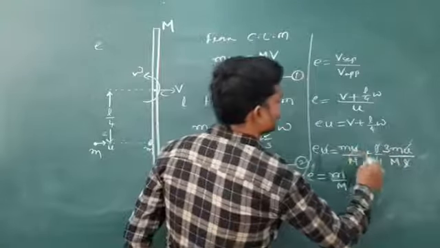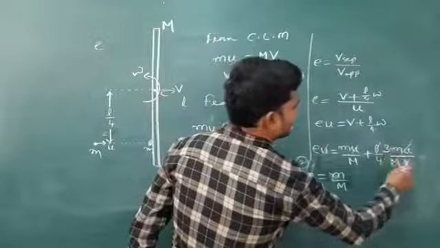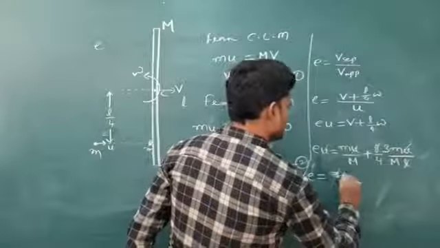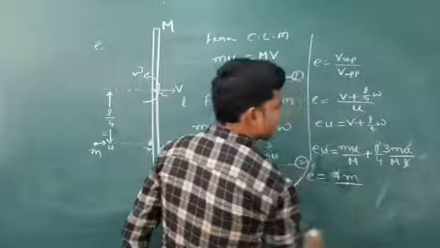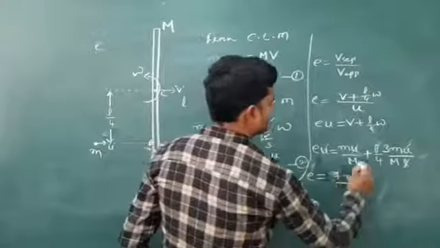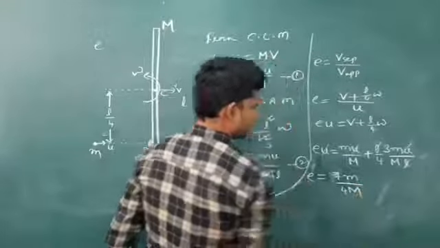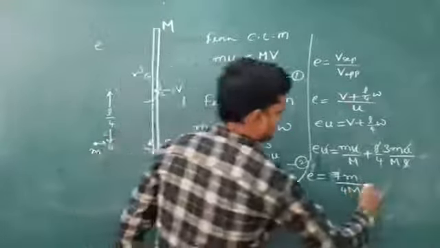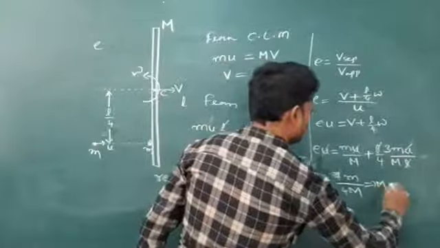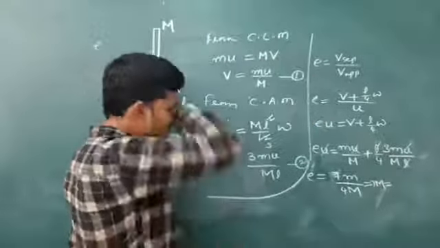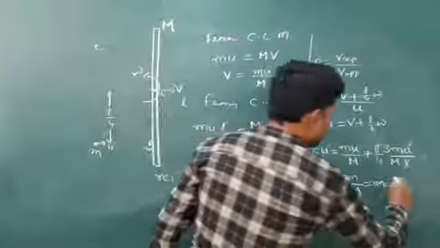So m by 3m by 4. So 4 plus 3, 7 small m. Okay, 7 small m by 4 capital M. Then capital M is equal to 7m by 4e.